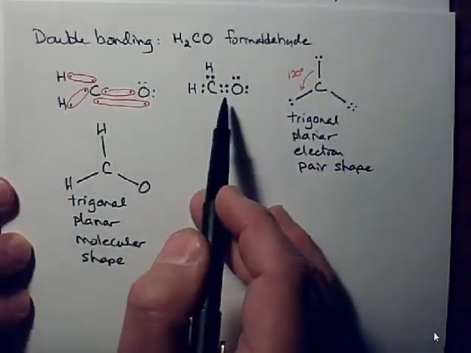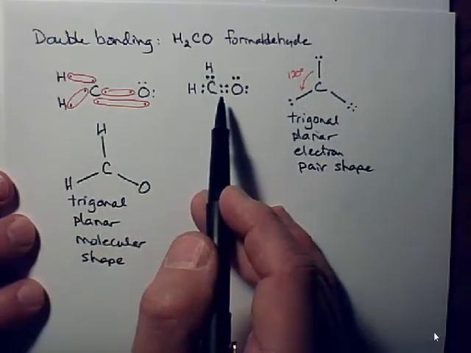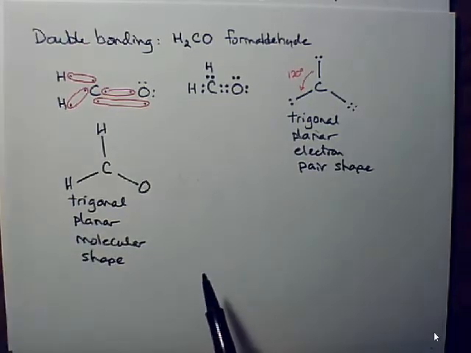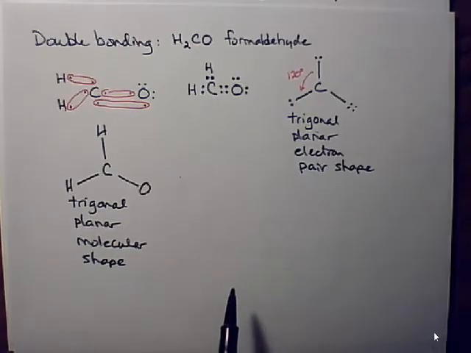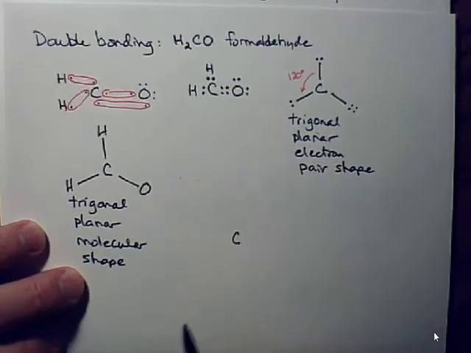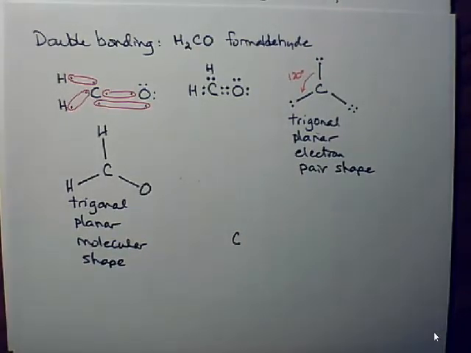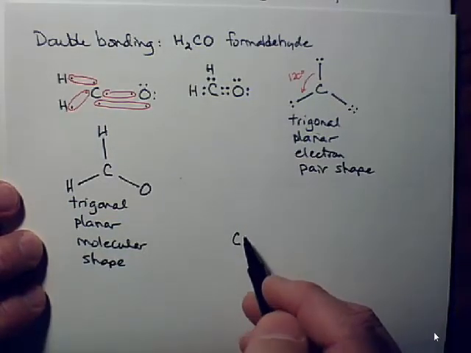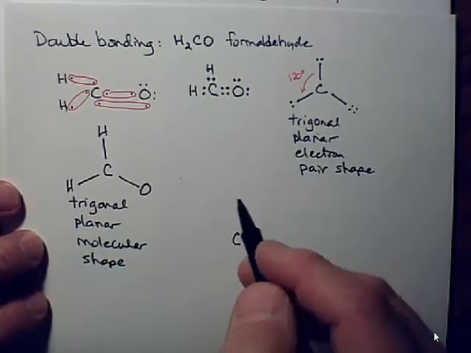So since I have a bond here where I've got two pairs of electrons shared between carbon and oxygen, I'm going to have a set of orbitals that become a bond that are not in the same place. Okay? And so what happens is this. Here's the carbon, and for the moment anyway, I'm going to ignore the hydrogens. We're just going to look at the carbon and the oxygen. All right? So we have a different kind of hybridization here.